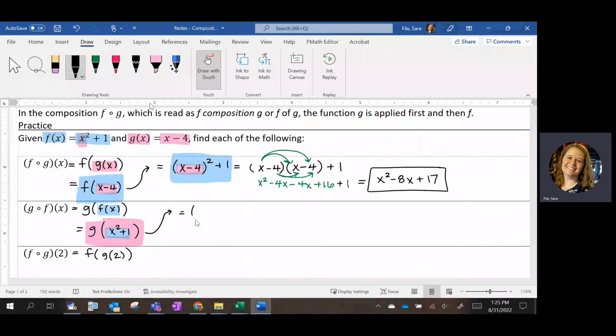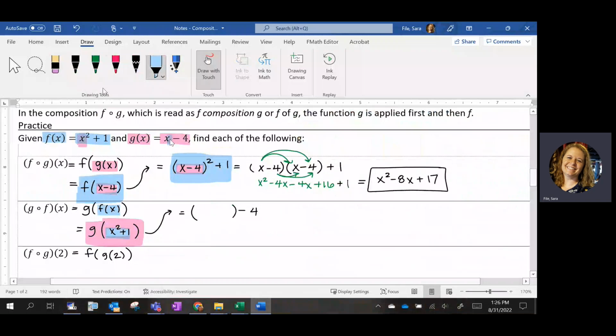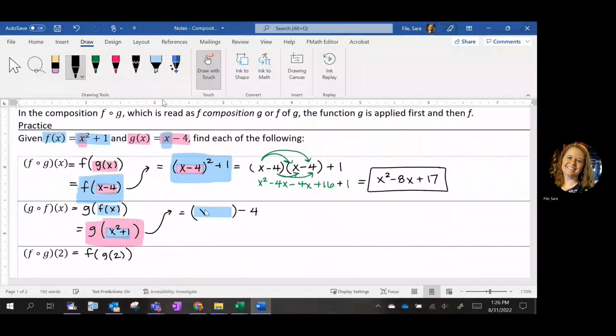So the g function is x minus 4, and in place of the x up here, we're inputting x squared plus 1.